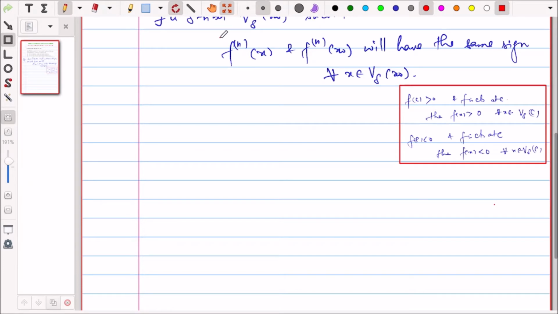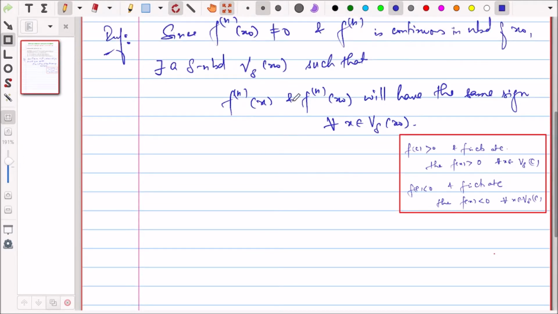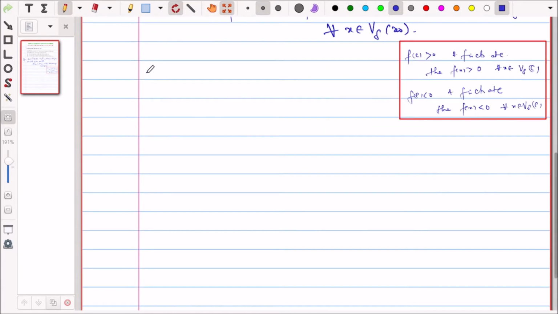So we have used this result. Now, we have seen that f^(n)(x) and f^(n)(x_0) will have the same sign over the interval V_delta of x_0. What will happen by Taylor's theorem?